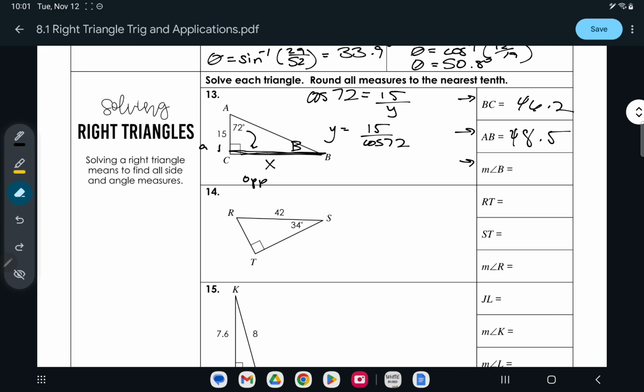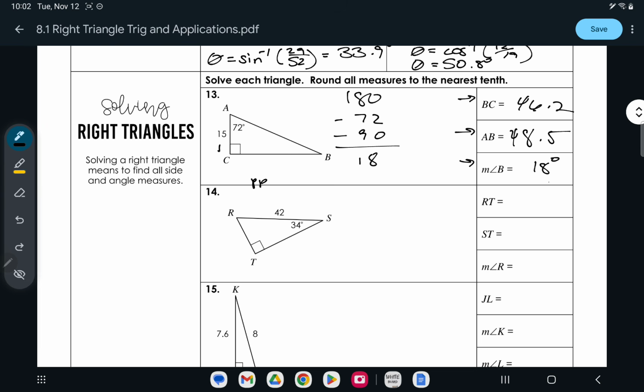And now angle B. All the angles in a triangle add up to be 180. So I can subtract the 72 and subtract the 90 to get the missing angle, which is 18 degrees.